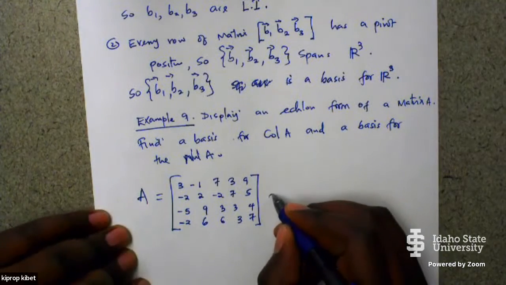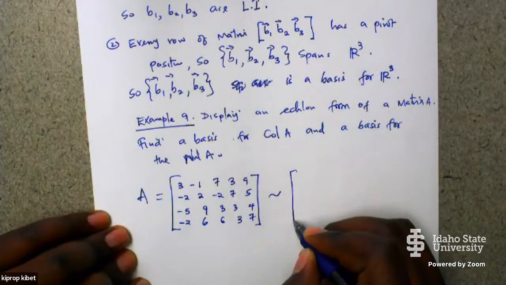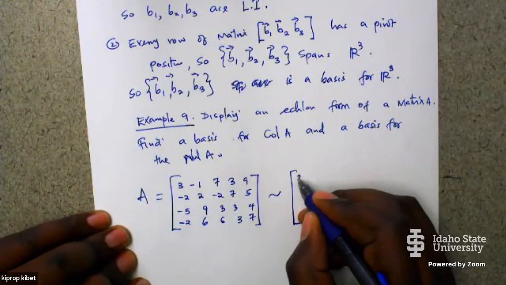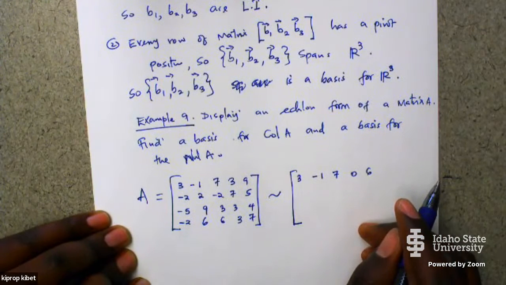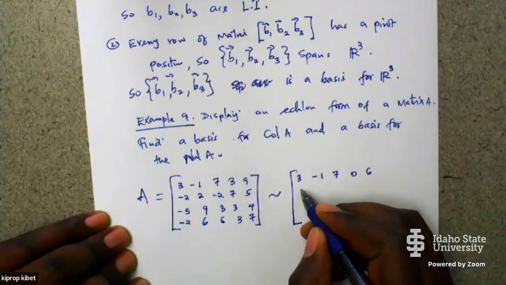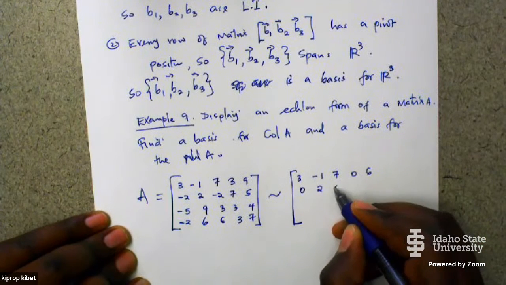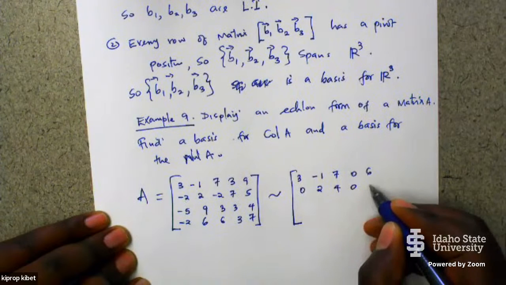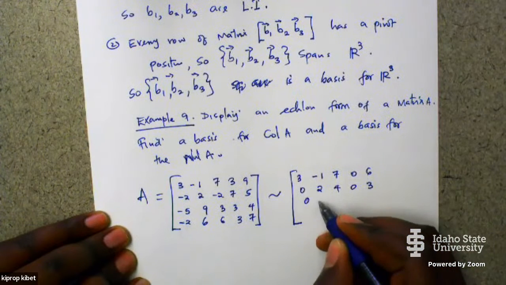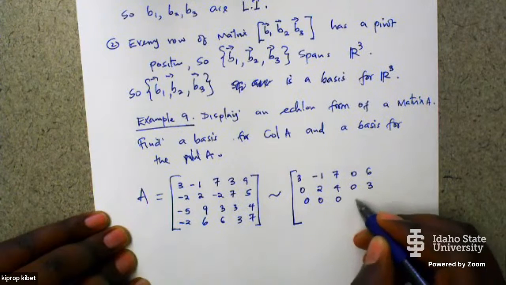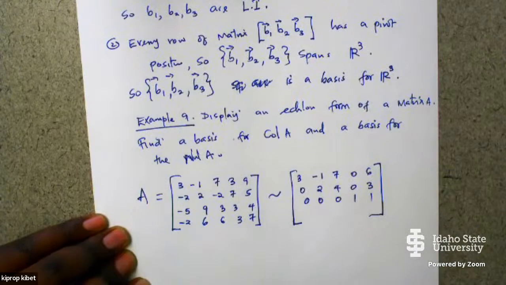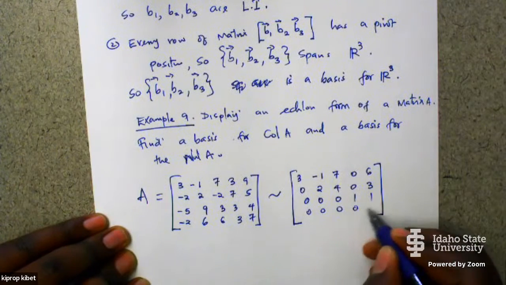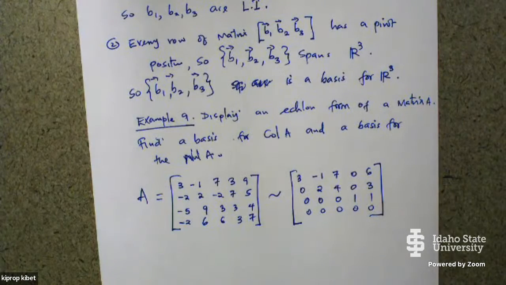If this is reduced to echelon form, we get 3, -1, 7, 0, 6, then 0, 2, 4, 0, 3, then 0, 0, 0, 1, 1, and then 0, 0, 0, 0, 0. And that is the echelon form.